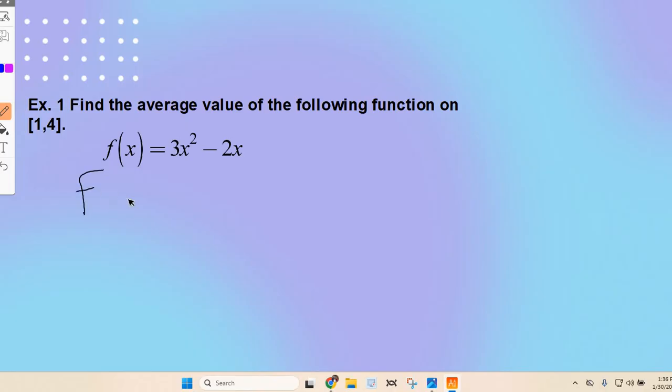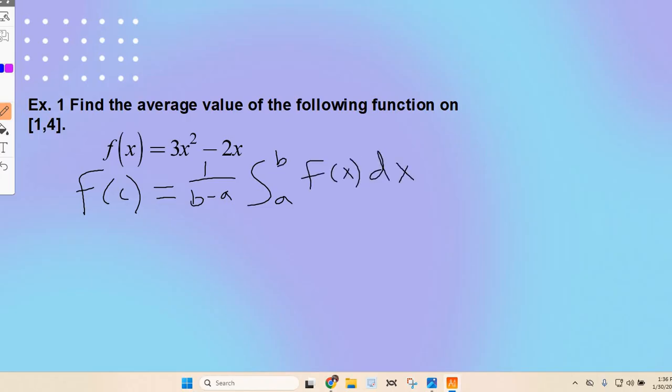So we're going to label it as f of c equals. I'm going to write out the full formula just so that we have it for reference. What are our a and b this time? What's my integral? 1 to 4.